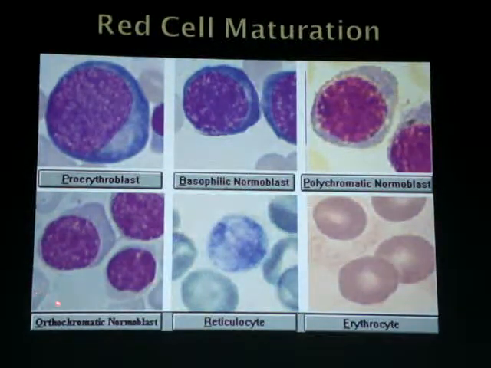The color of its cytoplasm is almost pink already, as pink as that of a mature red blood cell. Pink is the color of a mature red blood cell cytoplasm, thus it is called an orthochromatophilic normoblast. However, the nucleus is still present, and eventually, the nucleus will be extruded from the cytoplasm.